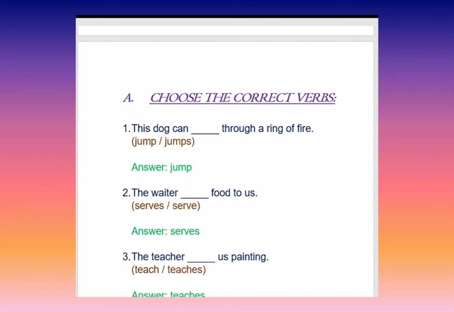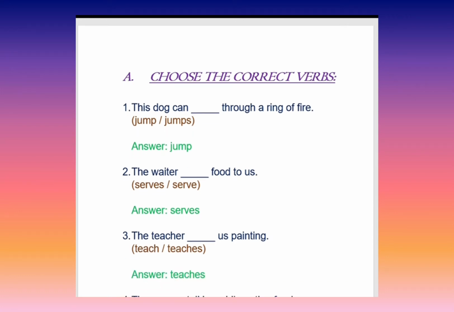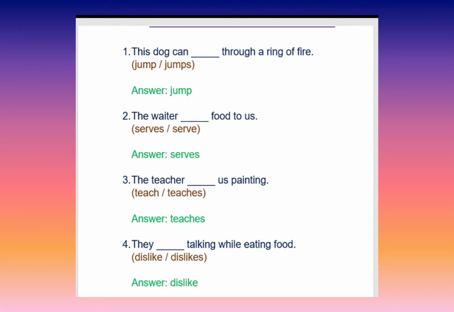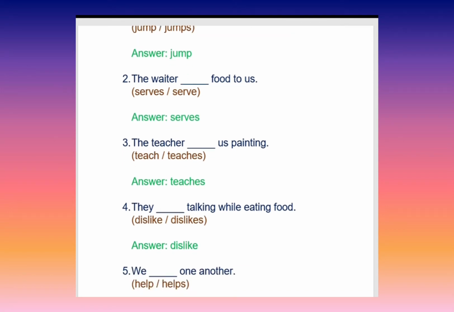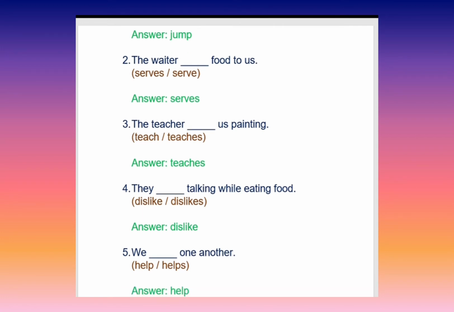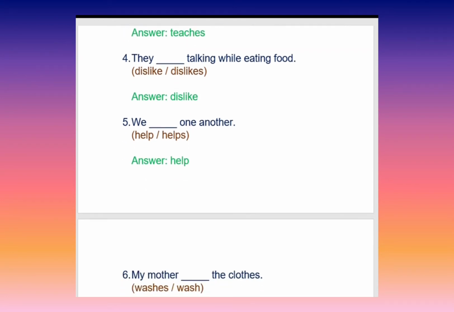Then number 4, they dash talking while eating food. The correct verb for this sentence is dislike. Then number 5, we dash one another. The correct verb for this sentence is help. Then for number 6, my mother dash the clothes.